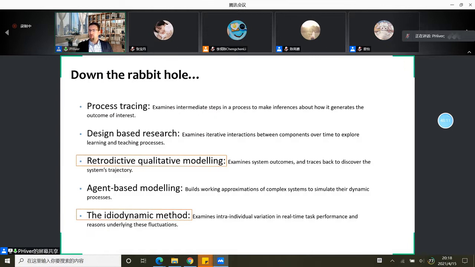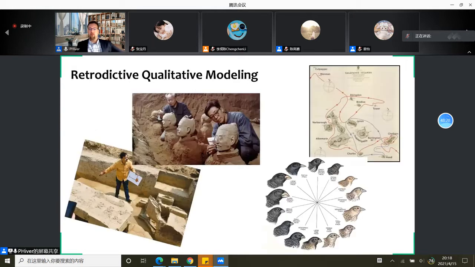All right, so let's get into it for real now, and let's look at some of these methods and how they actually work. I'll start by looking at two: retrodictive qualitative modeling and the ideodynamic method. So first we have retrodictive qualitative modeling, RQM.